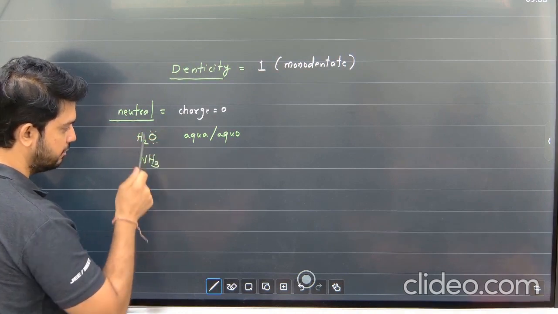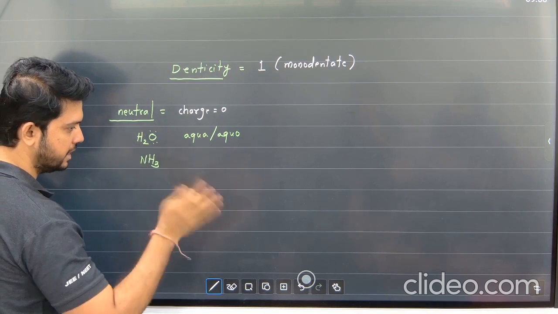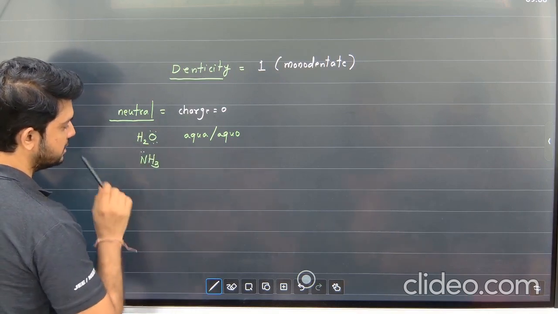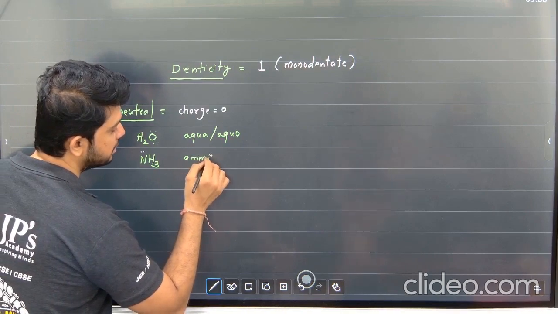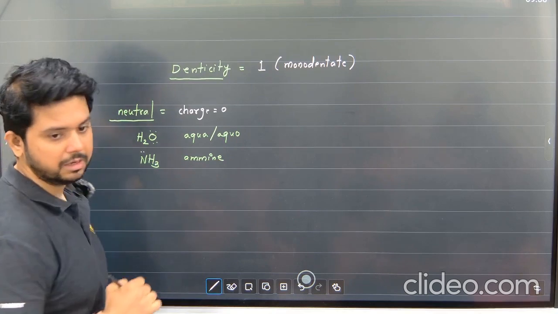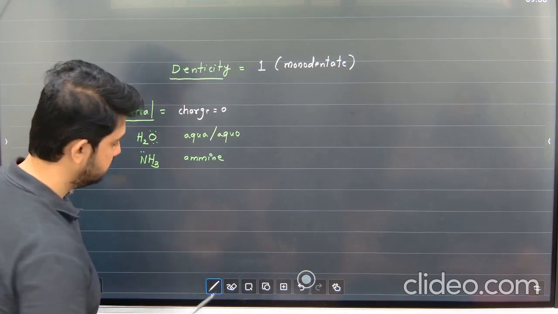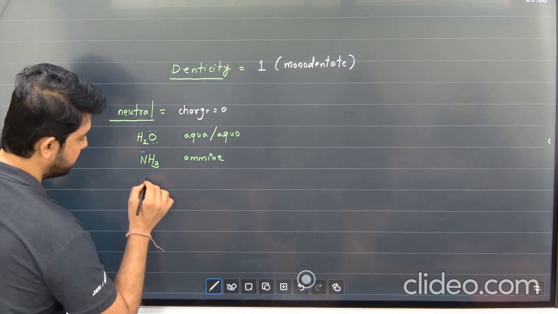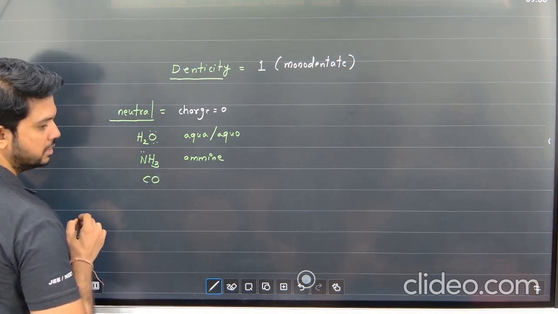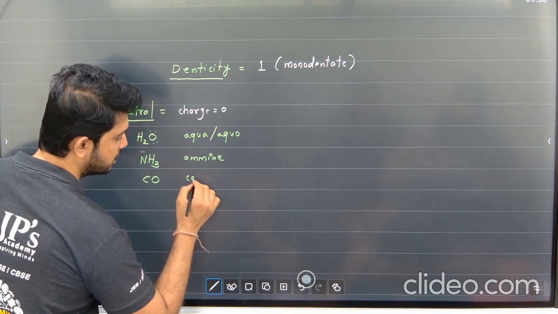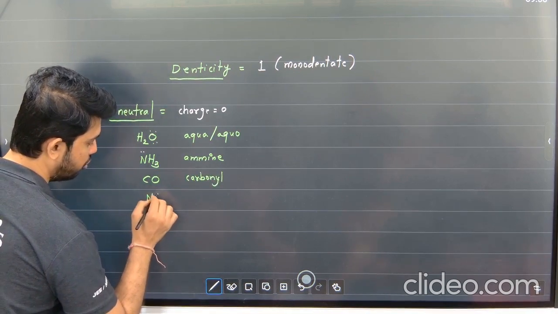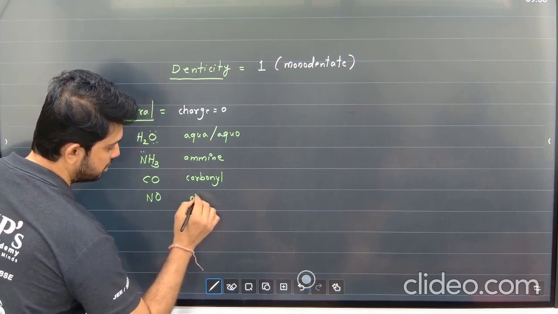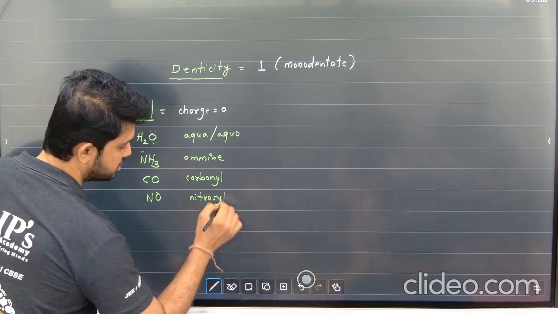Remember this: even though it has a lone pair, denticity has no relation to that. NH3 is called ammine. Next we have CO, which is called carbonyl. NO is nitrosyl.